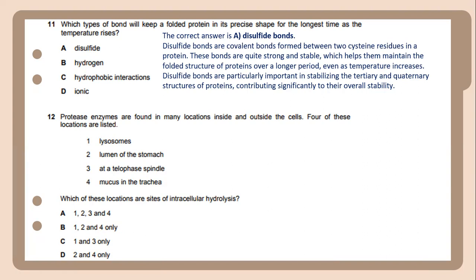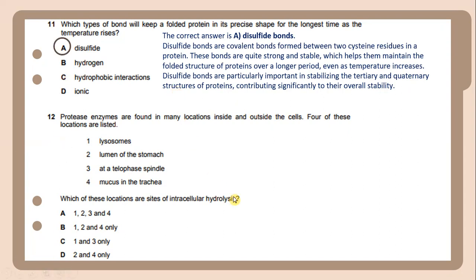These bonds are quite strong and stable, which helps them maintain the folded structure of the protein over a longer period, even as temperature increases. Disulfide bonds are particularly important in stabilizing the tertiary and quaternary structures of proteins, contributing significantly to their overall stability.